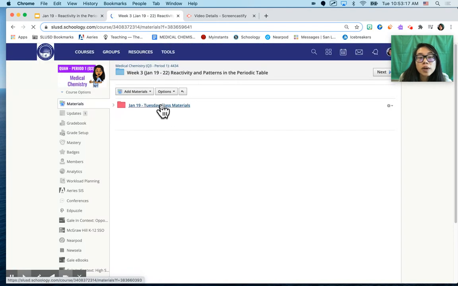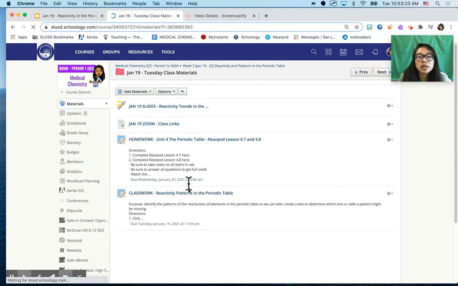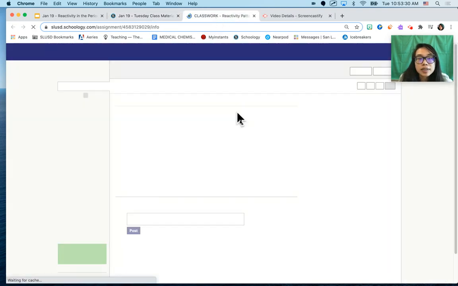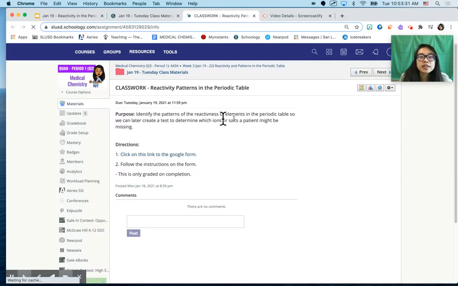Then open up the January 19th Tuesday class materials folder. On here where it says classwork, reactivity patterns in the periodic table, it's going to look like this.